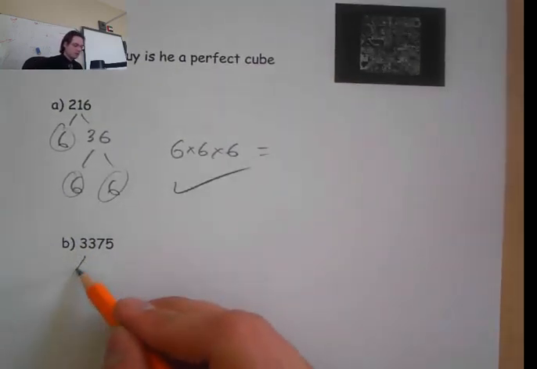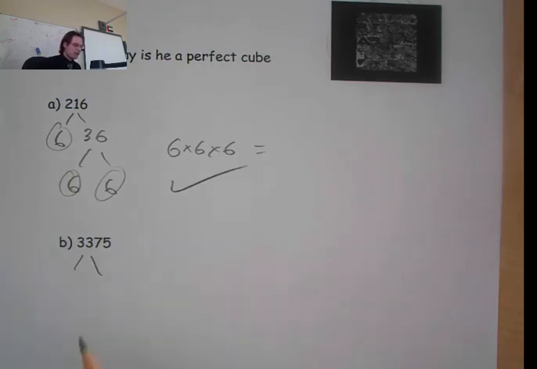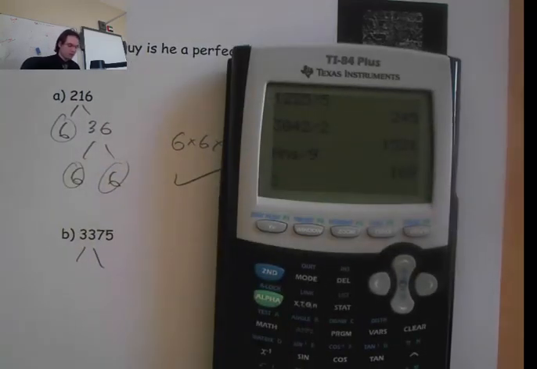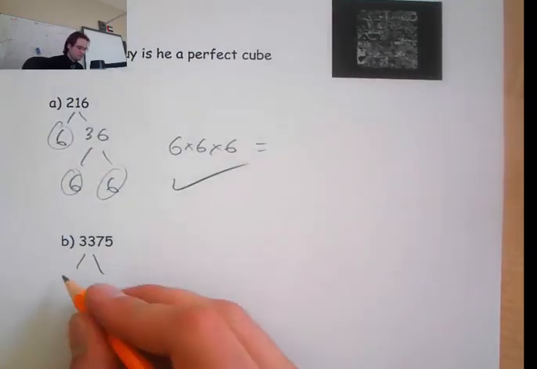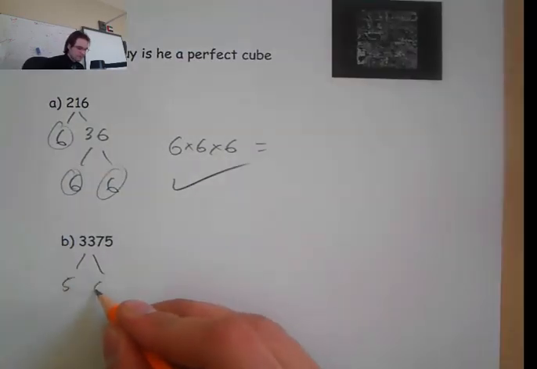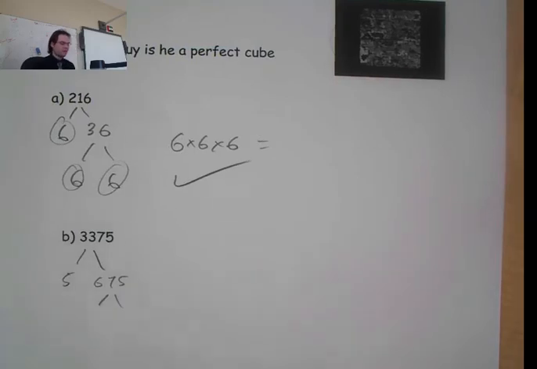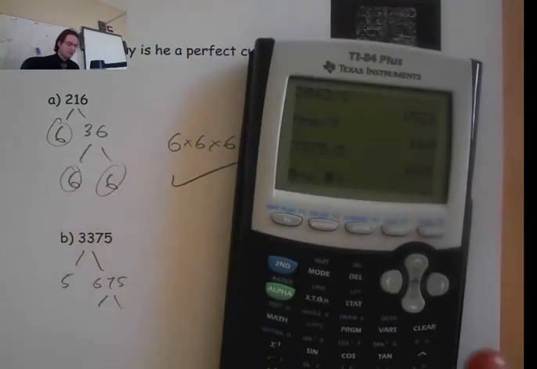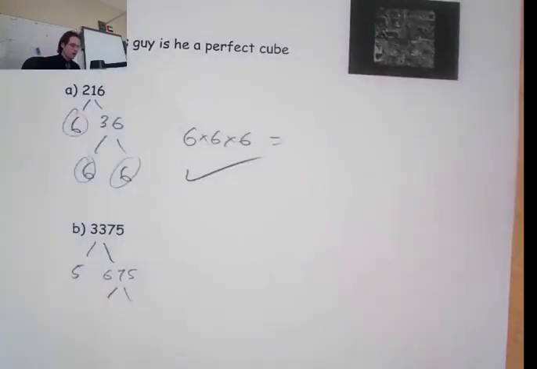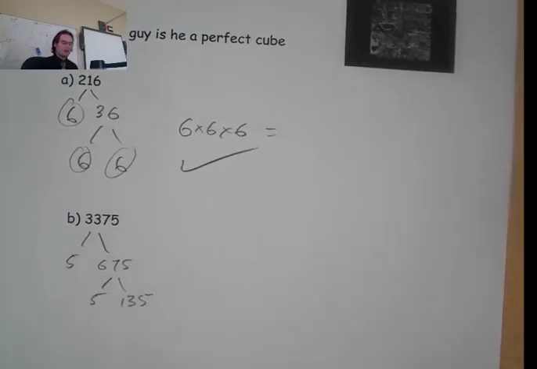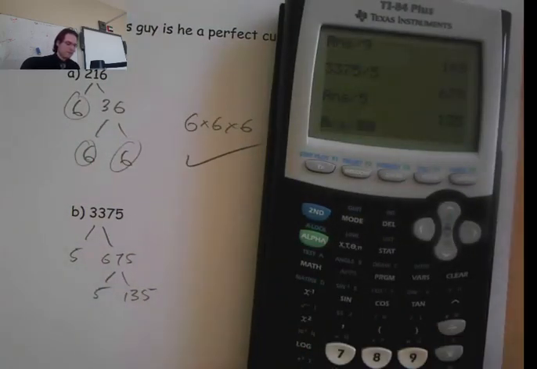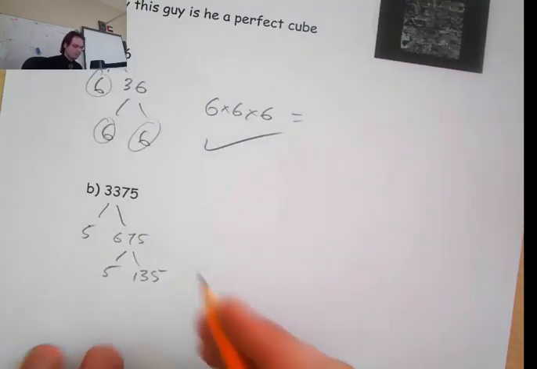Let's see if this is a perfect cube. I look at that, I could divide that by 5. So we go 3, 3, 7, 5, divide by 5. I'm going to get 675. Now I can divide this by 5. And I'm going to get 135. Okay, divide 135 by 5, and I'm going to get 27.